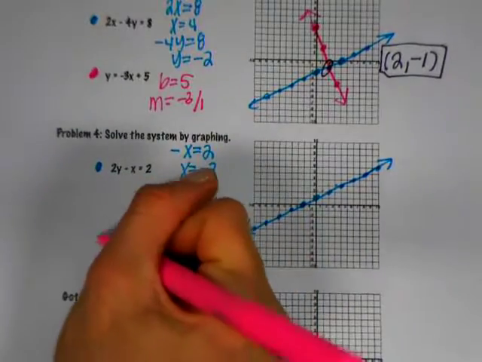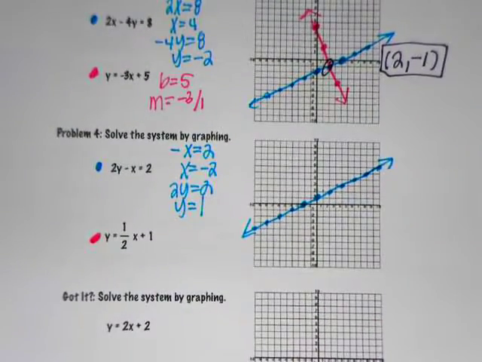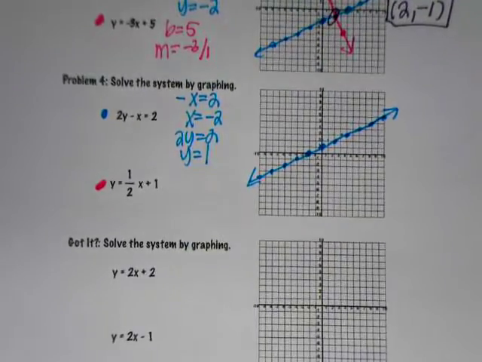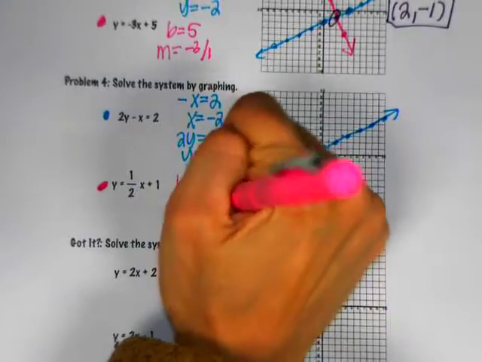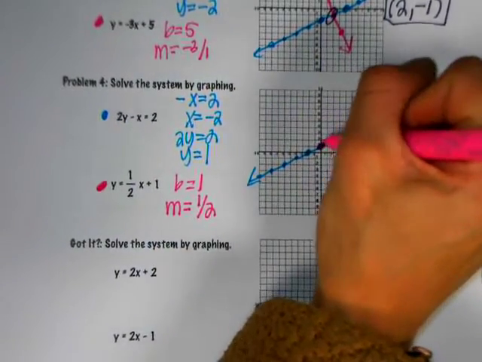Great. And for the other line, what's my b? 1, and my slope? Start at 1, up 1 over 2.